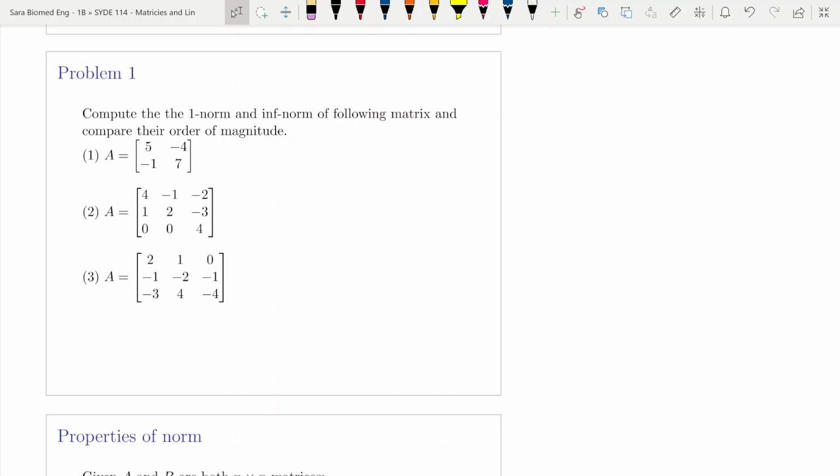Given the definition over here, let's do a practice. Compute the one norm and inf norm of the following matrices. The first one is 5, minus 4, minus 1, and 7.